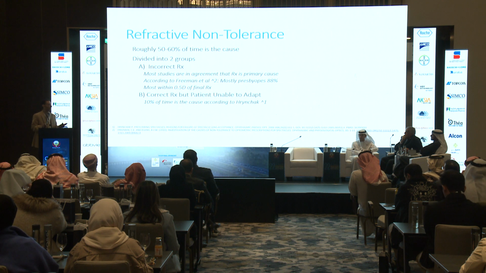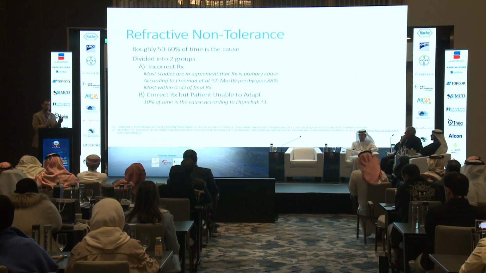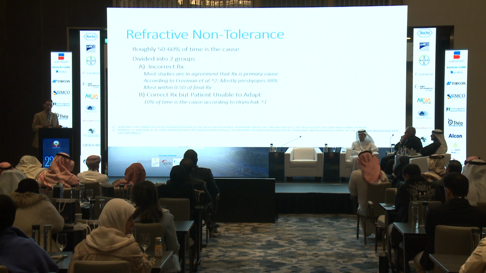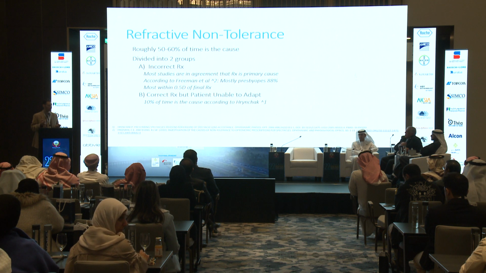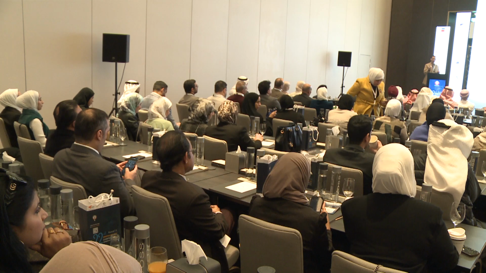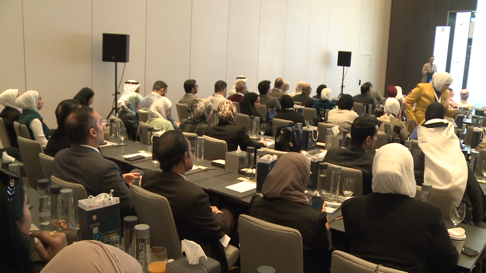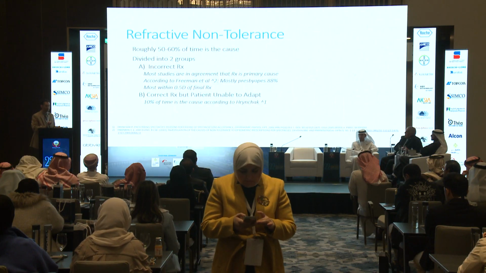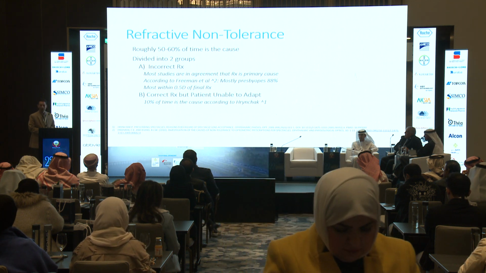To reduce this problem, the best way is to demo the prescription that you think the patient could accept in a trial frame, and have them walk around, looking down the hallway. Try to read their body language. Try to listen to what the patient is trying to say. Most likely you'll have to reduce the prescription. And the goal of a successful refraction is not 20/20, it's 20 happy.